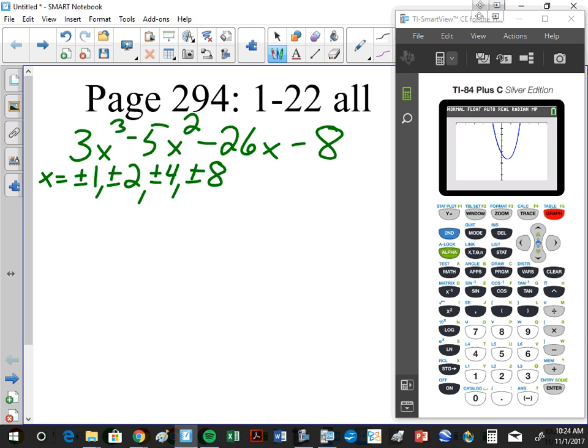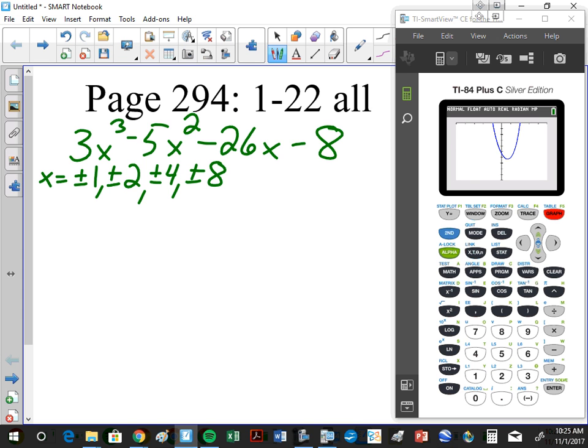Eventually you won't even need to write them down. So we're just making sure you understand what all the roots are. Okay, what else could it be?